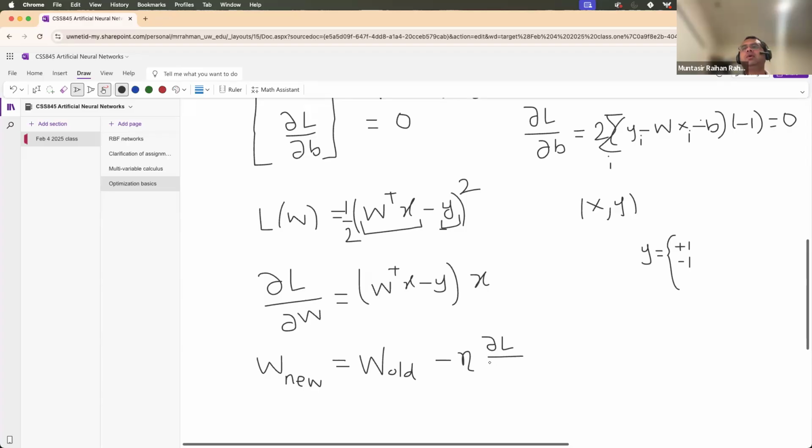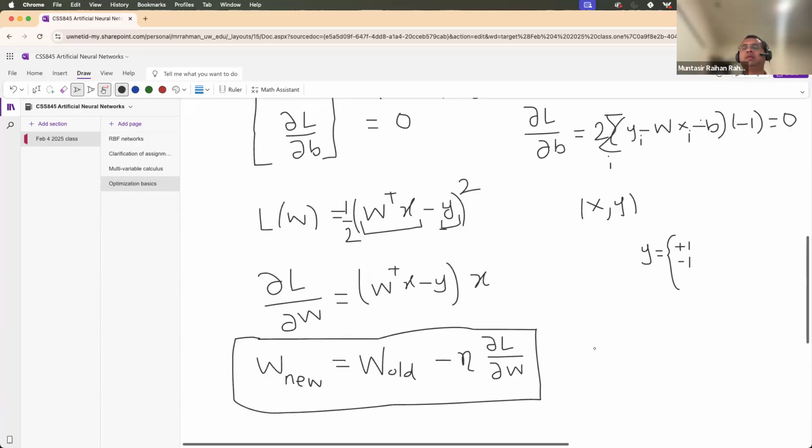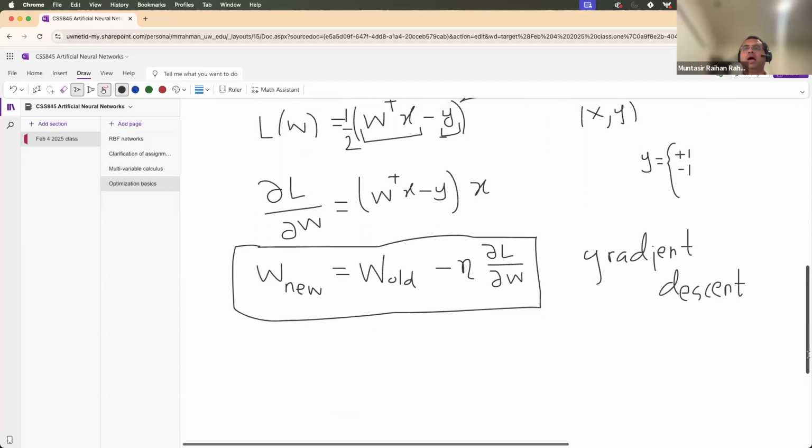I will explain this, but this is the gradient descent equation, and this is the most important equation in optimization for machine learning. Now let's plug in those values here.